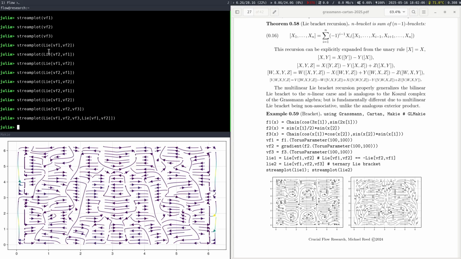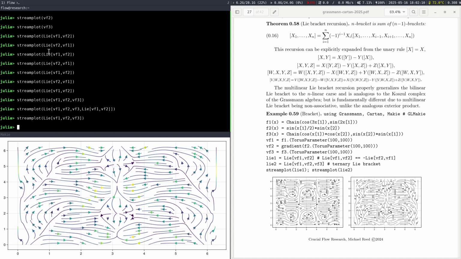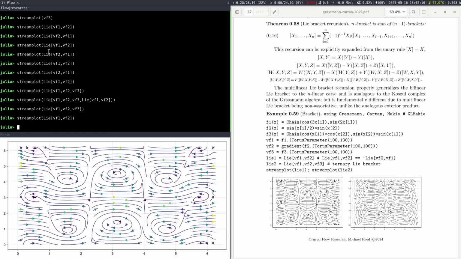But that one doesn't look as interesting, I think. This is a pretty interesting one. And I like this one too. So I think they're worthy of being examples, aren't they? For a multilinear Lie bracket.